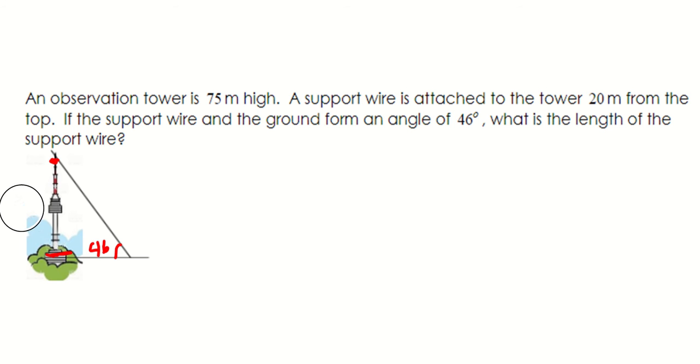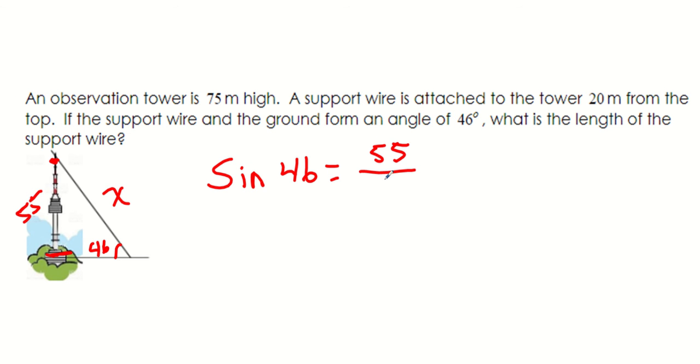So even though the whole tower is 75, the height I'm looking at in my right triangle is going to be 55. And I want to know the length of the wire. I have the opposite side and the hypotenuse, and I'm looking for the hypotenuse. So that ratio is sine. So the sine of 46 equals the opposite side over the hypotenuse. So I got to get the x out of the denominator.